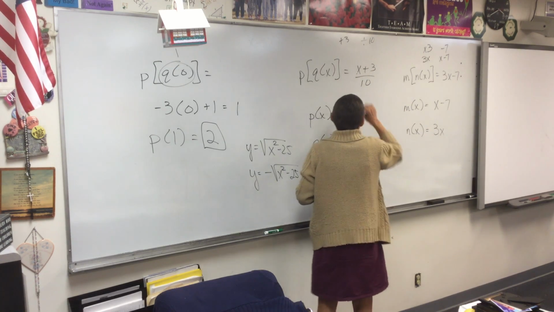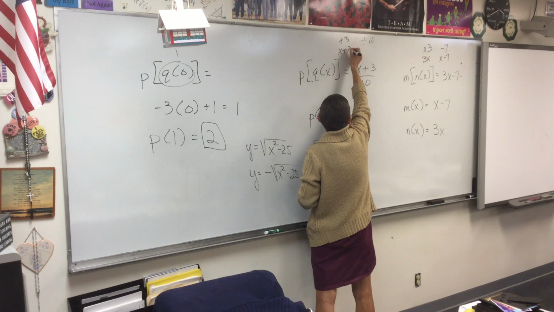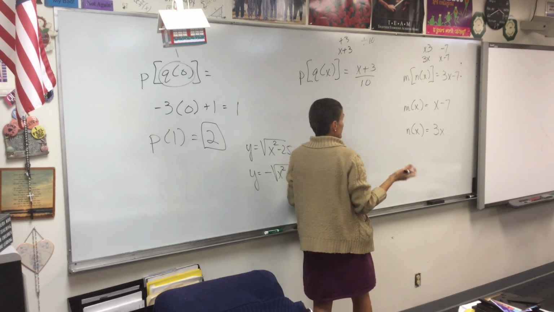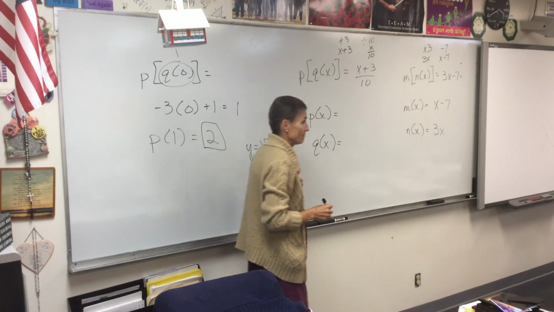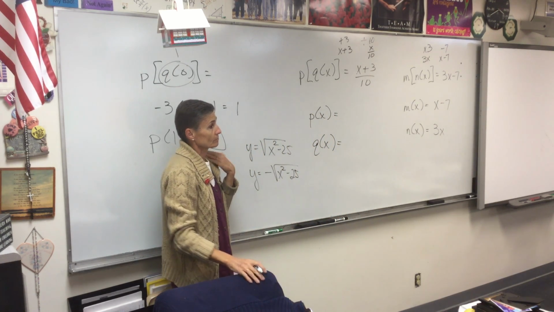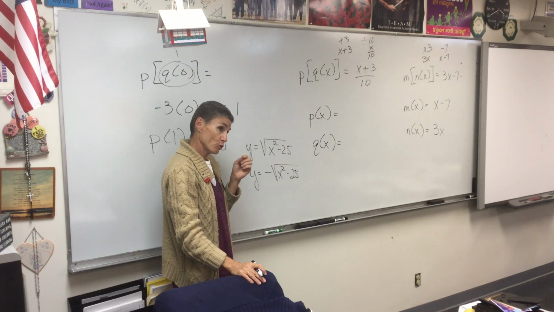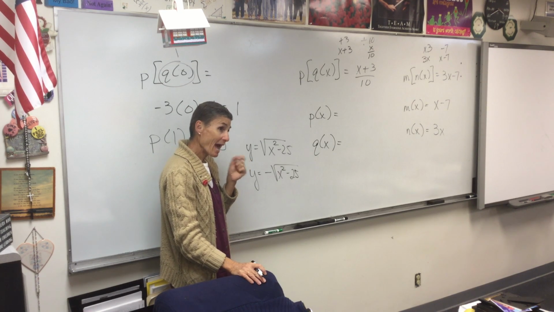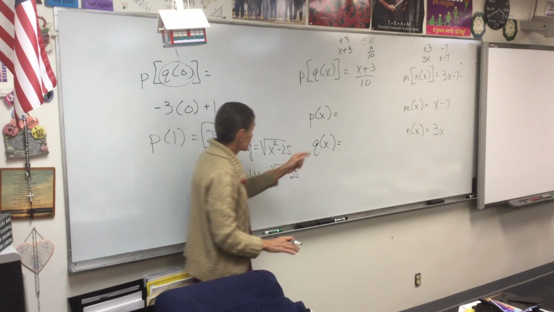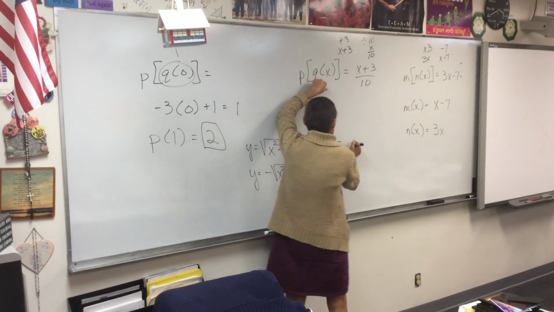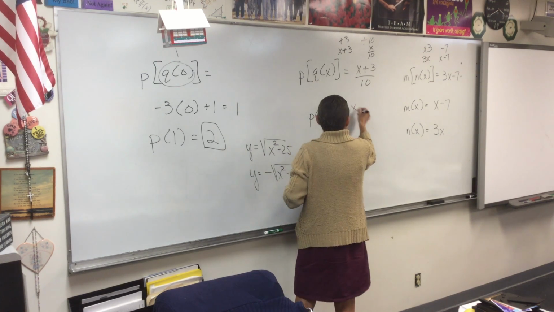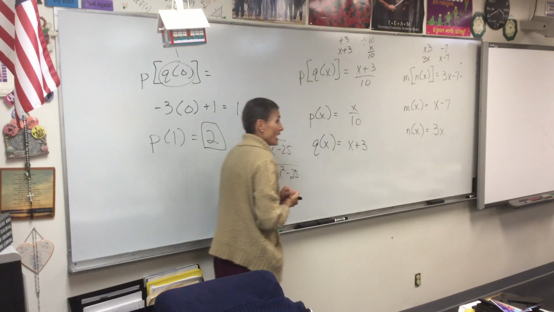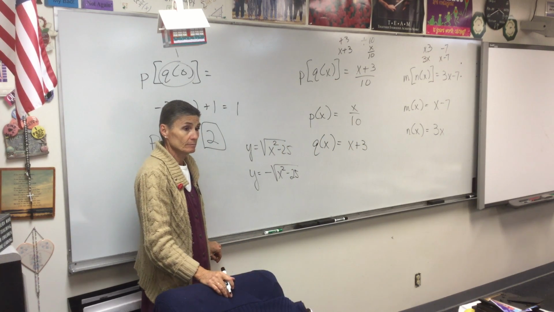So those 2 functions would be x plus 3, which adds 3, and x divided by 10, which divides by 10. Now what order do I need them in? Which has to come first? Adding 3. So that's going to be function Q. And then P will be the second step, which is divide by 10.